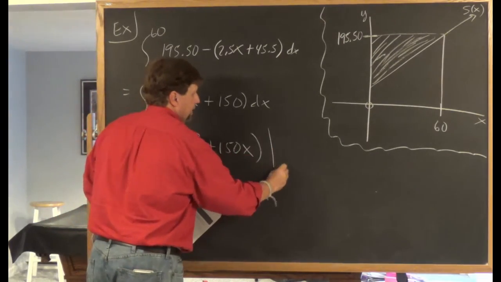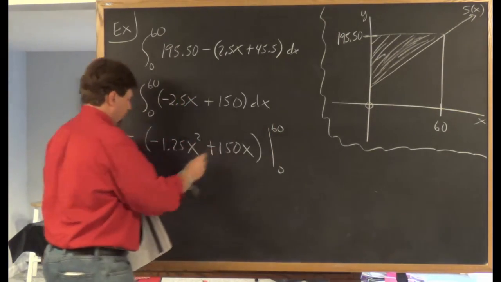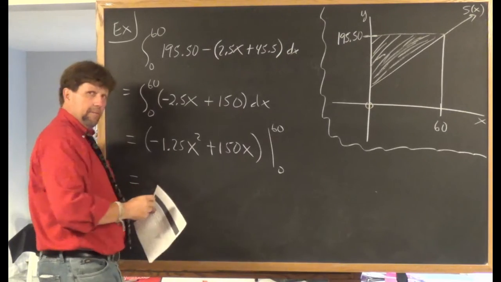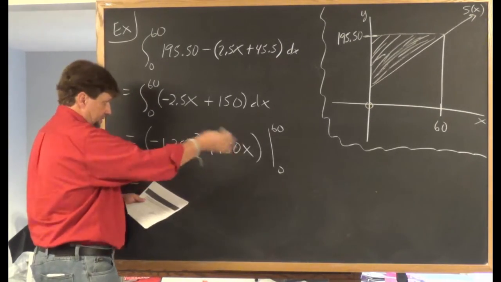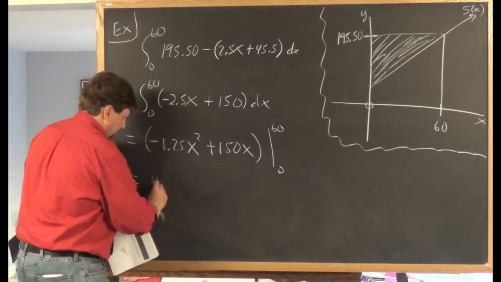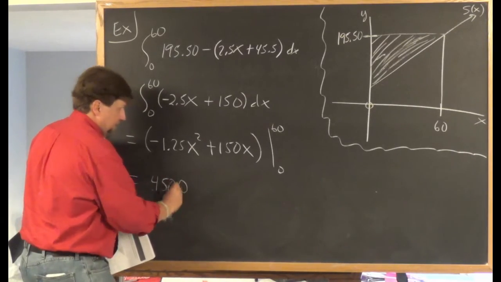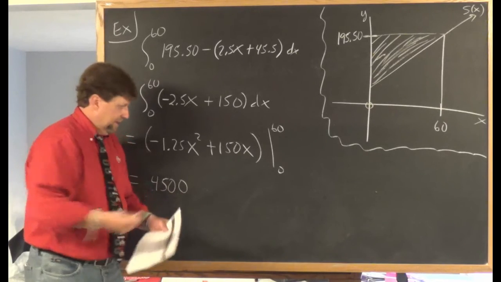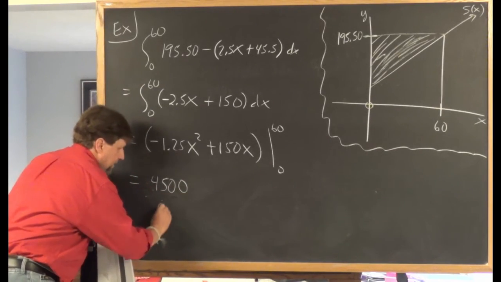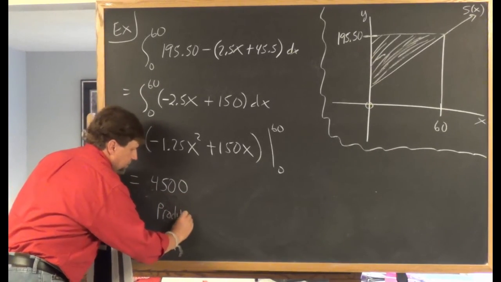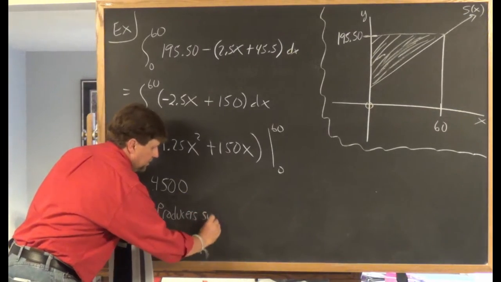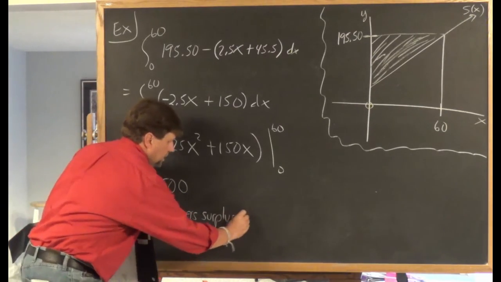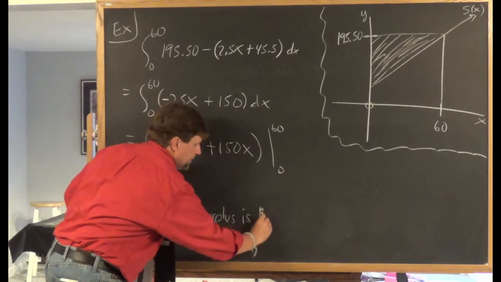I evaluate that from 0 to 60. So I crank it through the good old fundamental theorem of calculus, and out comes 4,500. So keep in mind, all that is the producer surplus. This is just telling us that the producer surplus is $4,500.